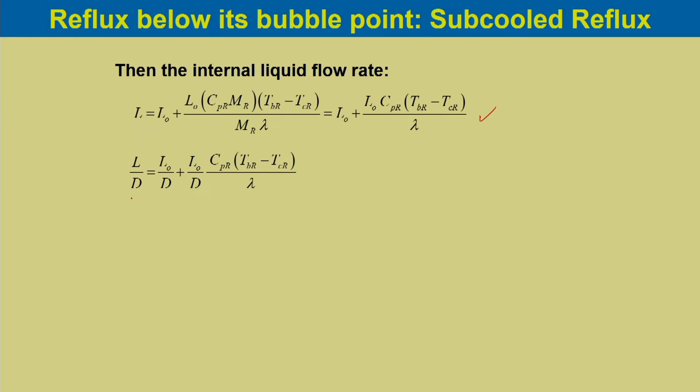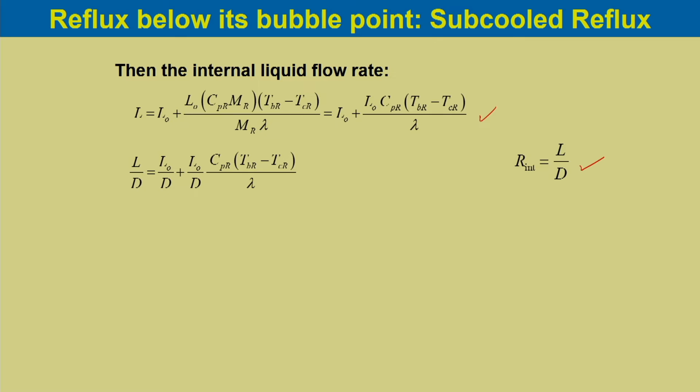So, it will be L by D equal to L naught by D plus L naught by D into CPR into TBR minus TCR by lambda. So, as we know L by D is the internal reflux ratio.